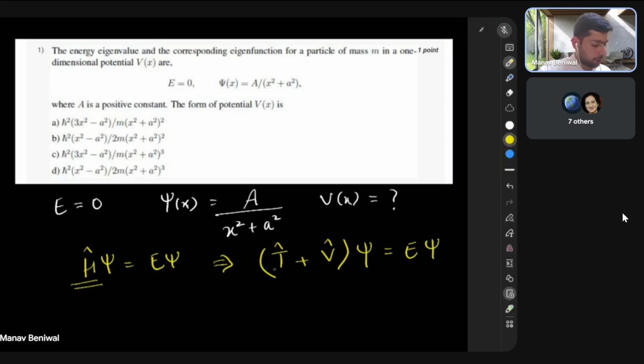And we know kinetic energy is just p squared over 2m, where p is our momentum operator, plus V psi is E psi.